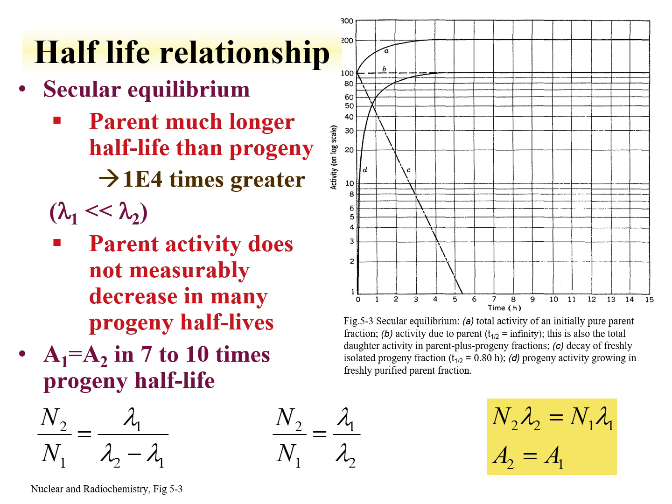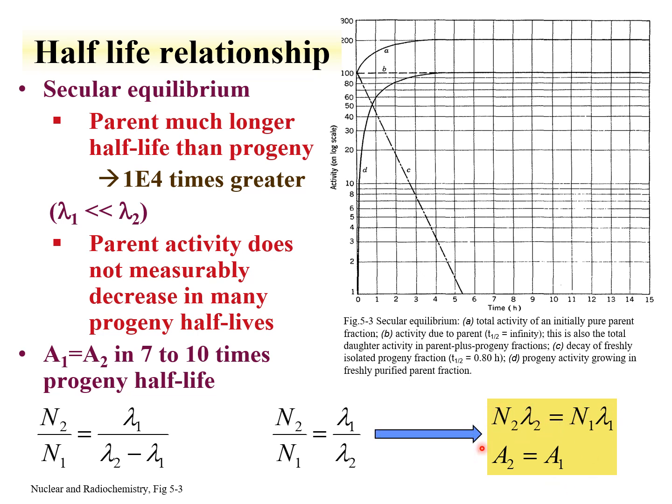And then we have this relationship from the transient equilibrium, with lambda 2 minus lambda 1. Lambda 1 is a very small number. It's fundamentally just equal to lambda 2. So we get these relationships where the number of progeny atoms divided by the number of parent atoms is just equal to a ratio of the decay constants. And we actually see that what we get over time is that the activities of the two become constant.